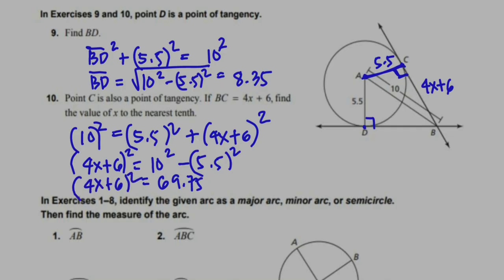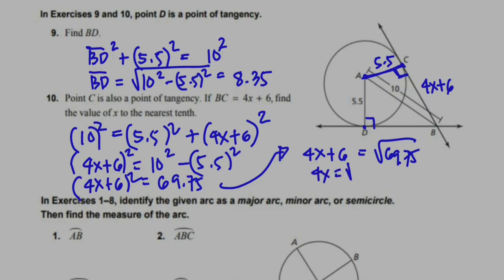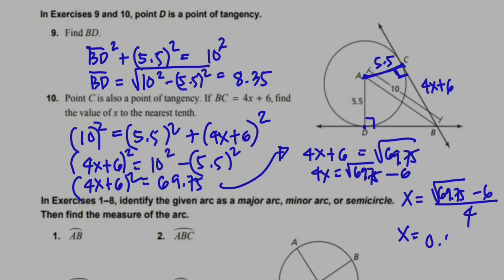Then 4x plus 6 is equal to the square root of 69.75. Then 4x is equal to the square root of 69.75 minus 6. Then x is the square root of 69.75 minus 6, divided by 4. So x is equal to 0.59. That's strange. Oh, but we have a decimal here.